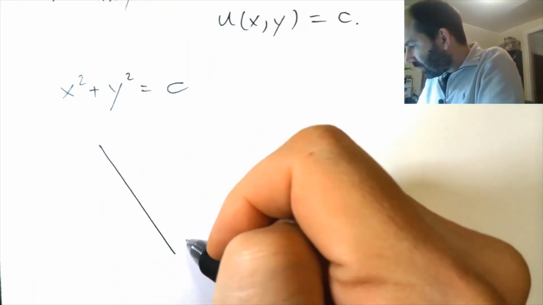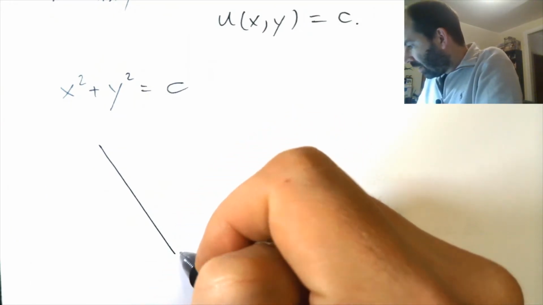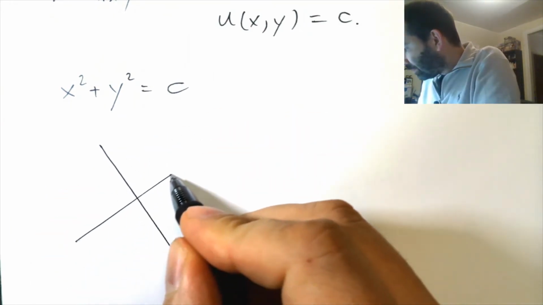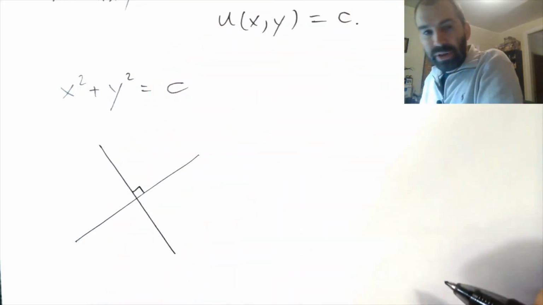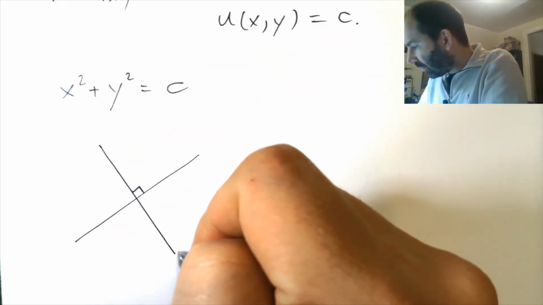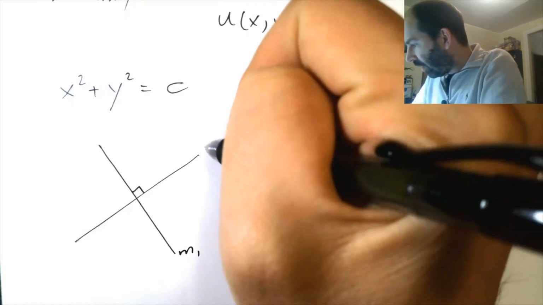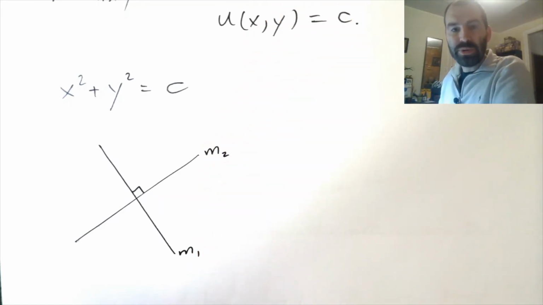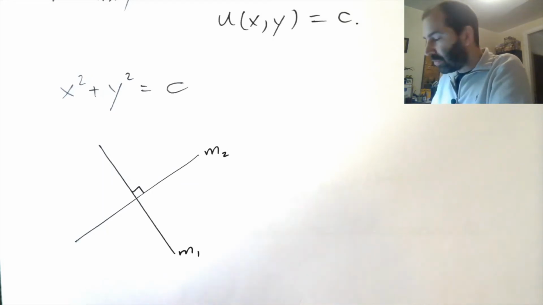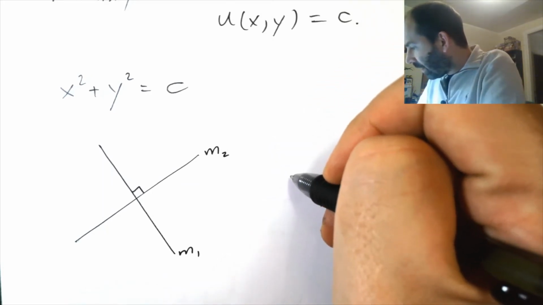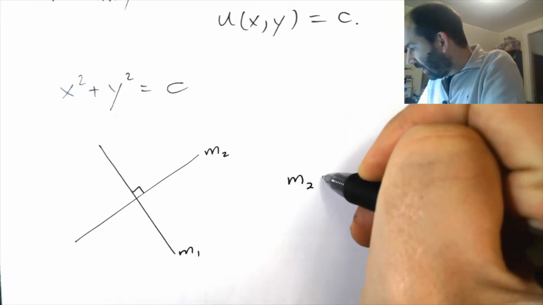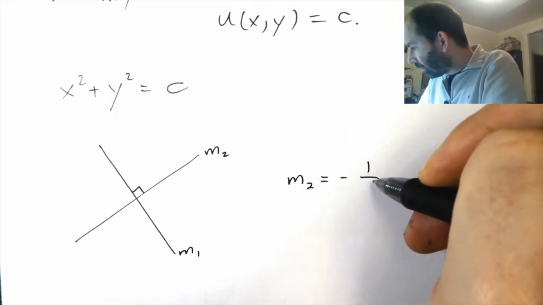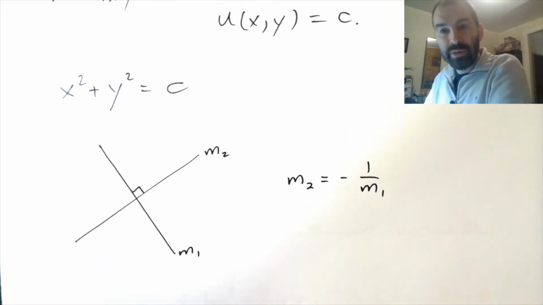So if I have a line and another line, and I want them to be orthogonal, let's say the slope of this line is m1 and the slope of this line is m2. How are their slopes related? You should remember from algebra that m2 has to be the negative reciprocal of m1.